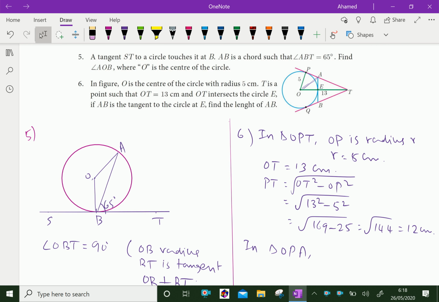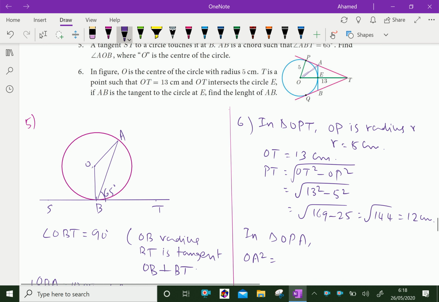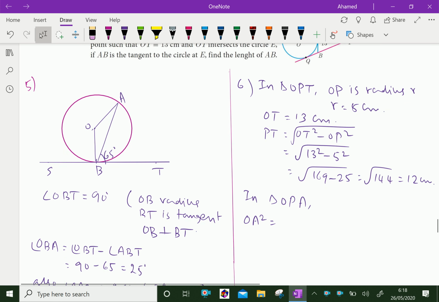Therefore OA square equals OP square plus AP square by Pythagoras.